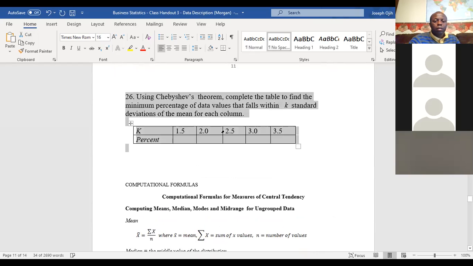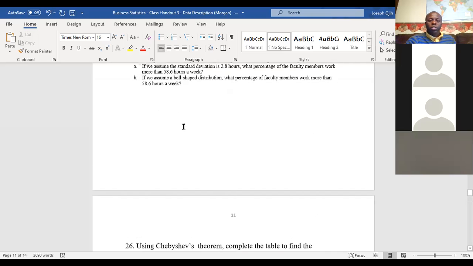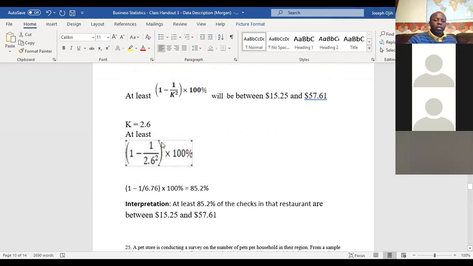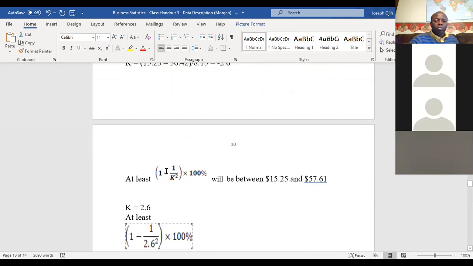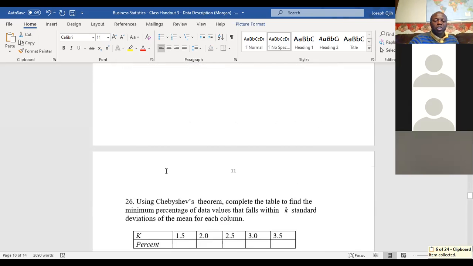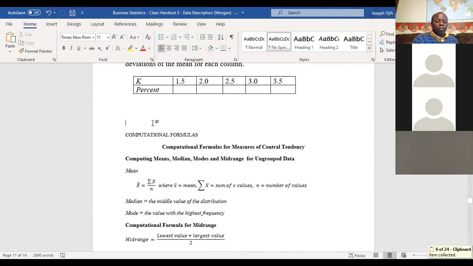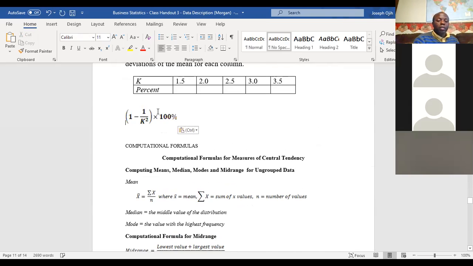Since the question already gave us K, we're not going to worry about finding K. We just use this formula to find the minimum percentage we're looking for.